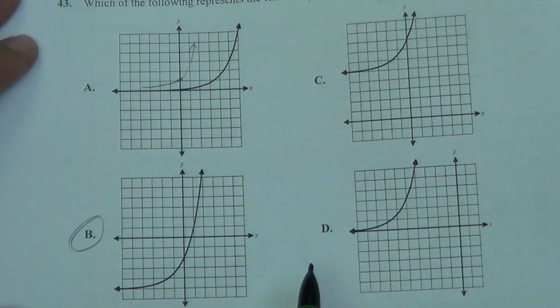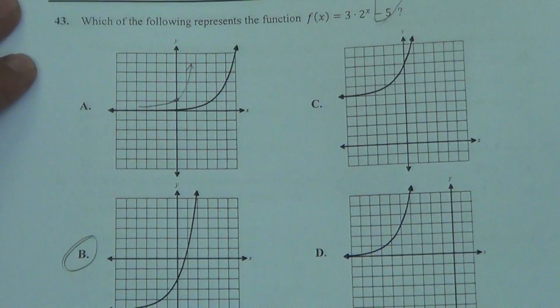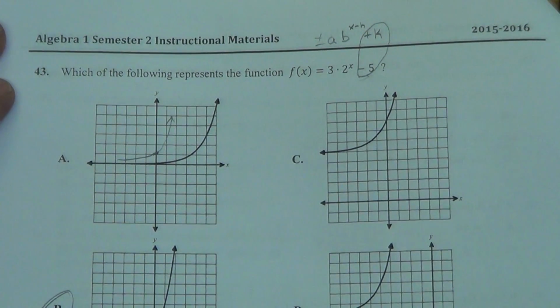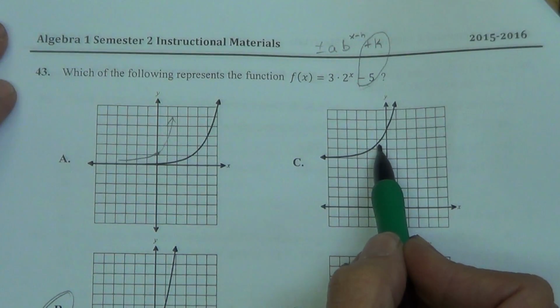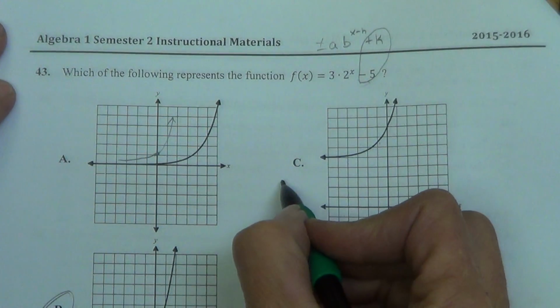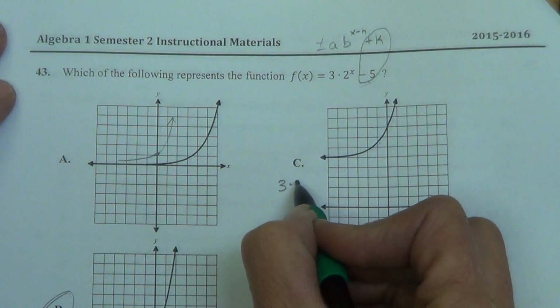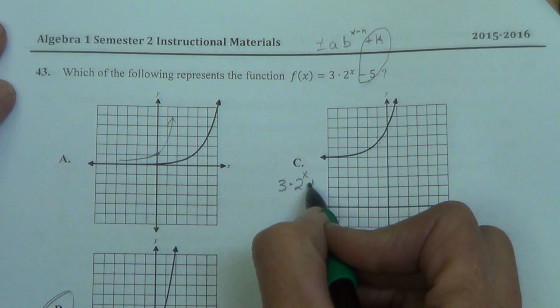Now I want the correct formulas for the ones that are graphed there, though. This one, as you notice, is shifted up 5. So I would hope that you would write this function 3 times 2 to the X plus 5.